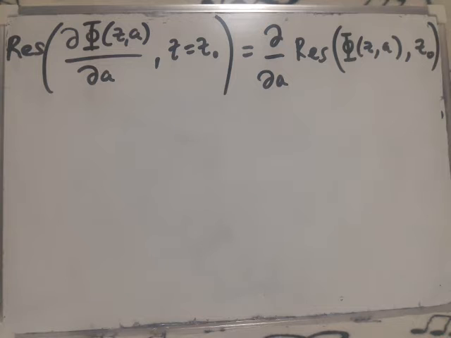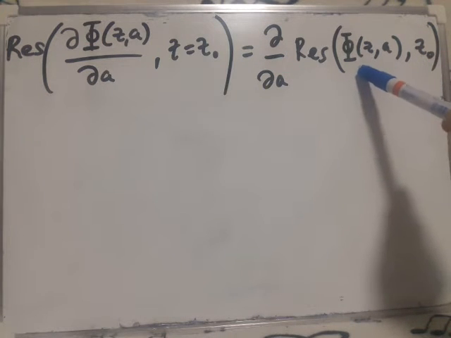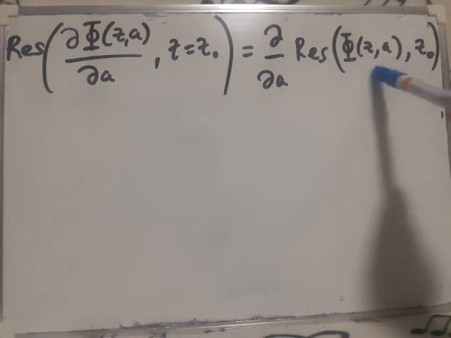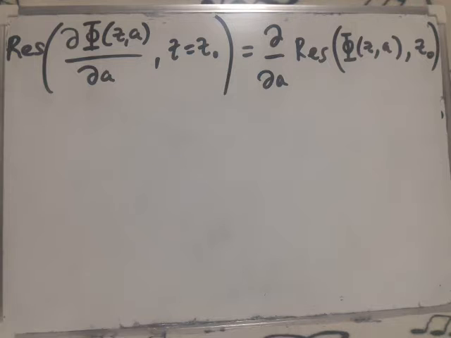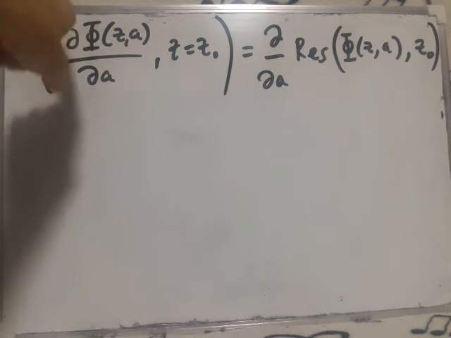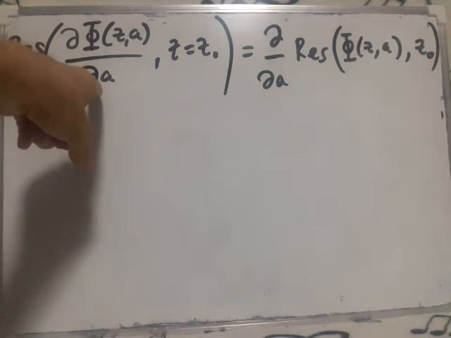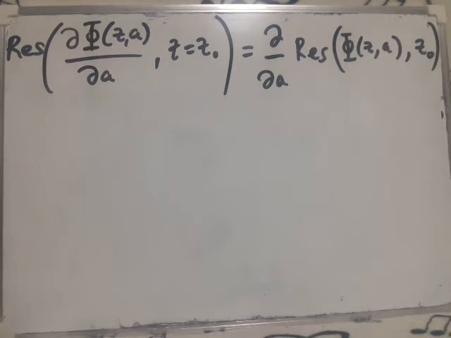Then basically what you can do is, it's easy to find the residue of a pole of order 1, a simple pole, and if it turns out that the function you're after finding the residue of can be obtained by differentiating with respect to this parameter a, then this is a particularly quick way of getting the answer.